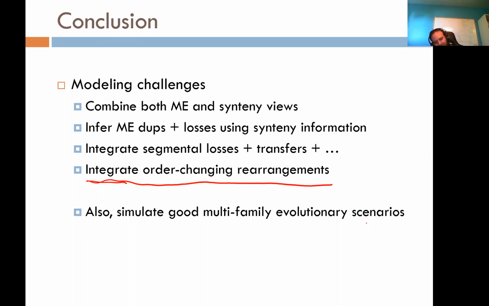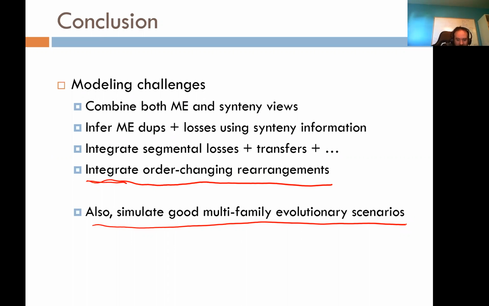If you read the abstract, you'll notice that I said I would talk about the problem of simulating genomes that evolve under segmental duplications. And I obviously did not talk about that, because I changed my mind and decided that I would talk about the history of the models of segmental duplications instead.